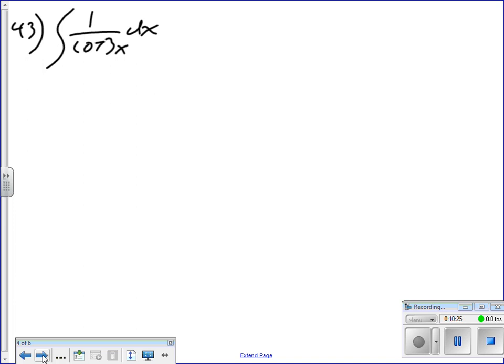First of all, trig functions. Oh my lord, I hate them when they're like this. 1 over the cotangent. What is 1 over the cotangent? It's the tangent. So now this is the integral of the tangent of 3x dx.